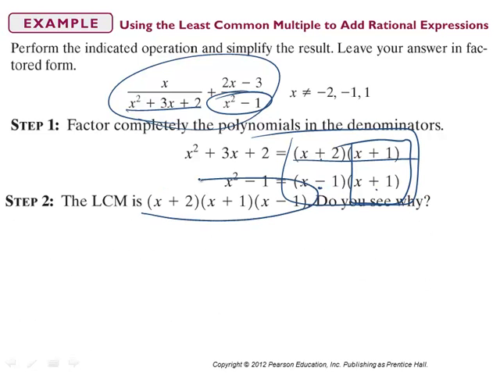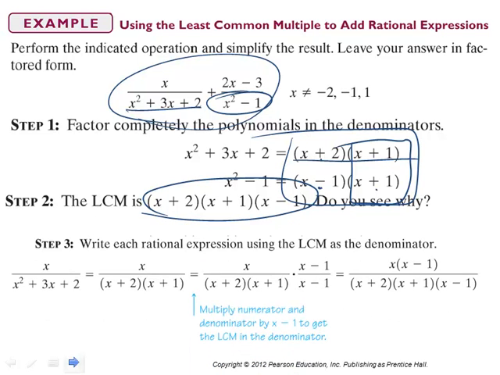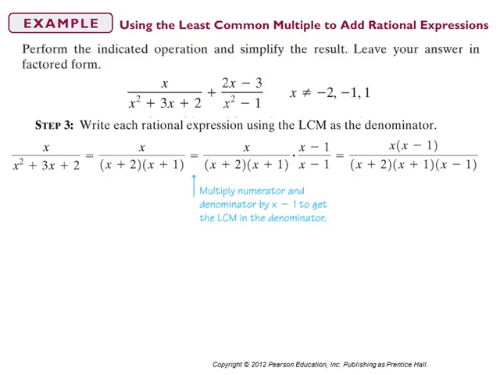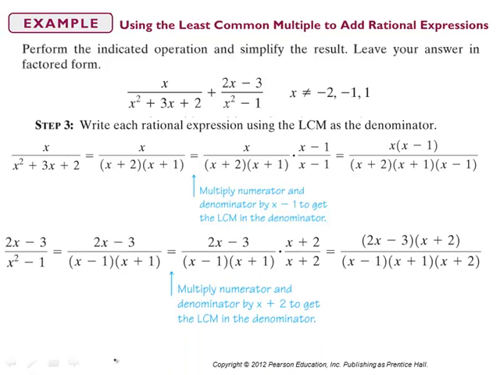So here's your least common multiple. So that means that we have to multiply this first fraction by (x minus 1) over (x minus 1) in order to have that least common multiple denominator. And that second fraction, we'll multiply it by (x plus 2) over (x plus 2), again, to have that same least common multiple denominator.